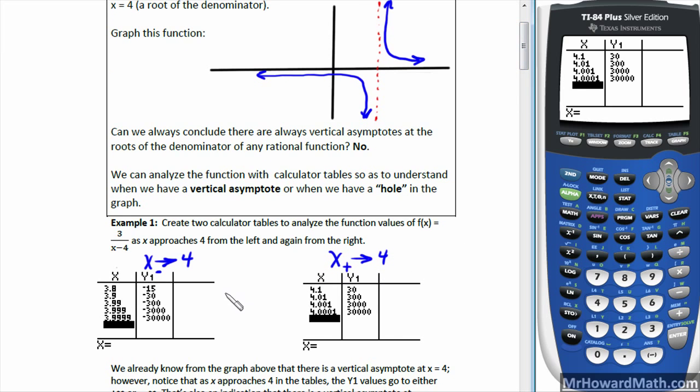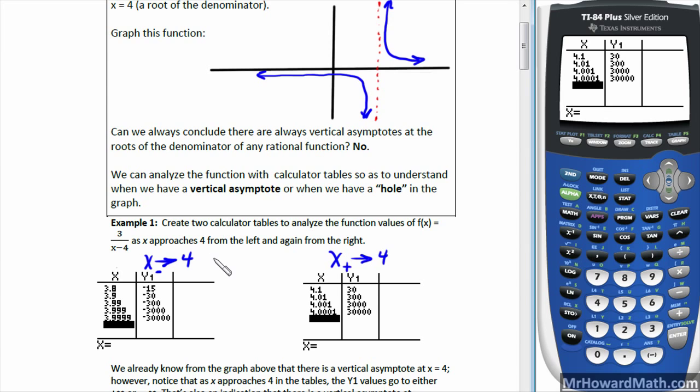And what we notice is that the f of x values here are approaching negative infinity in that table and positive infinity in that table. So negative infinity here, it's the y values, the f of x values drop to negative infinity there, and they're racing up to positive infinity here. So that's what we're noticing.